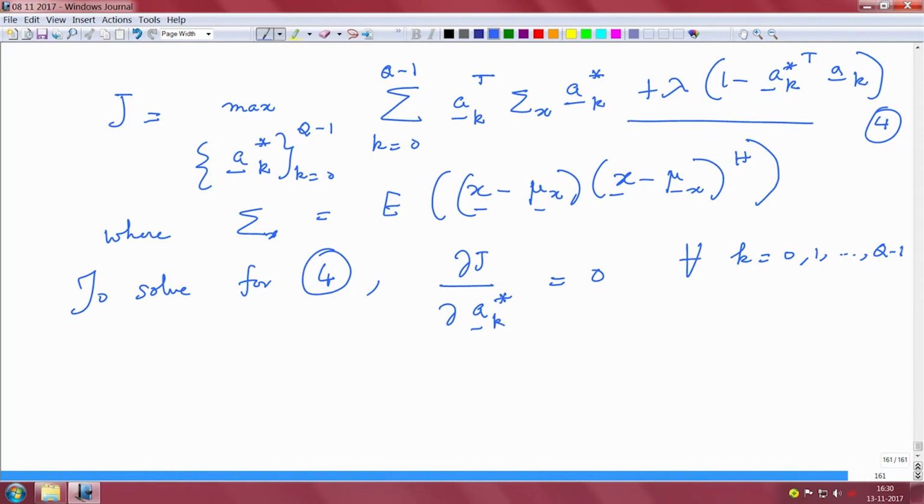You apply the properties of vector differentiation: if you have two vectors y and x, d by dx of y transpose x is basically y.